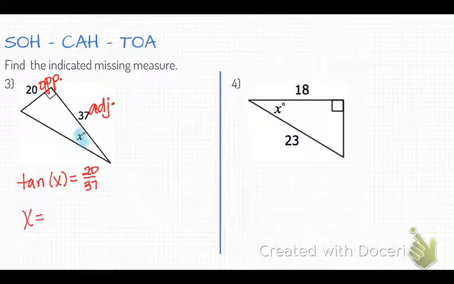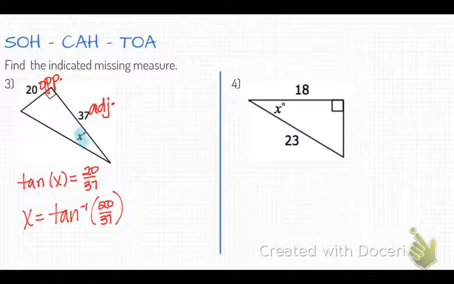So I have x equals tangent inverse of opposite over adjacent. Can you find that answer for me? Okay, so it sounds like we have 28.39 degrees, yes?